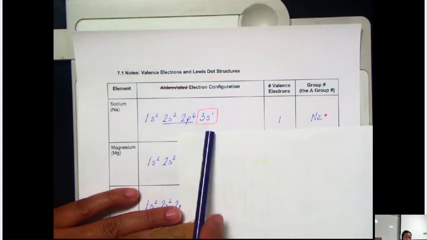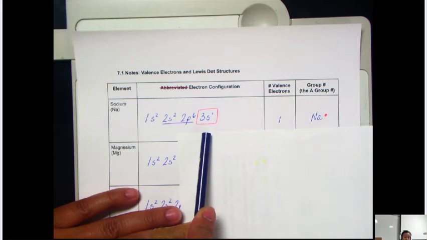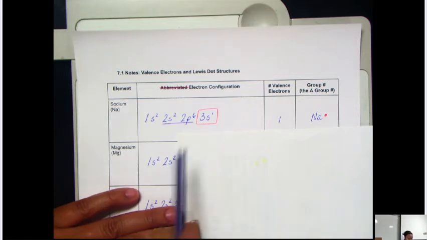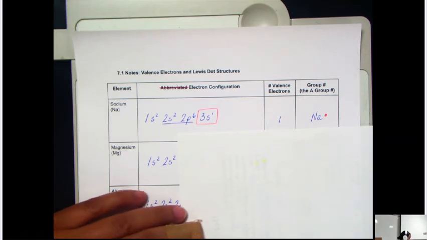Is it easier to attract 7 electrons, or would it be easier to just get rid of 1? Getting rid of 1 electron is a lot easier than pulling in 7 more electrons. So whatever the lowest number is, that's what you're going to go with. So sodium is going to give away an electron.